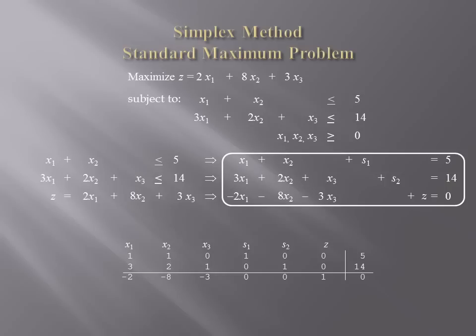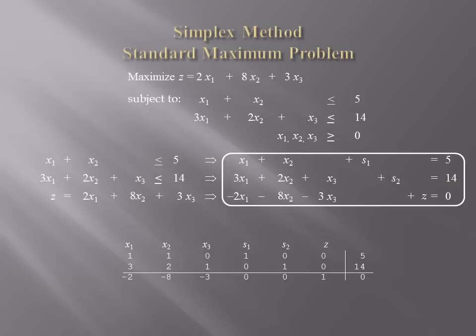The other columns, S1, S2, and Z, have only one non-zero number in each of their columns, and that one non-zero number is 1. Whenever a column contains more than one non-zero number, the variable for that column is set equal to 0. And that's how we can see x1 is 0, x2 is 0, and x3 is 0.